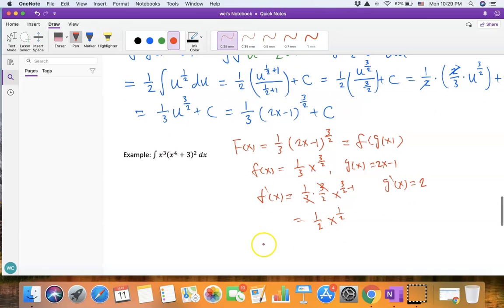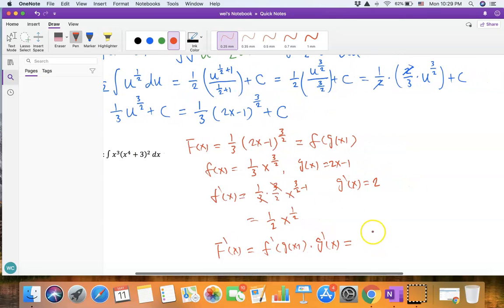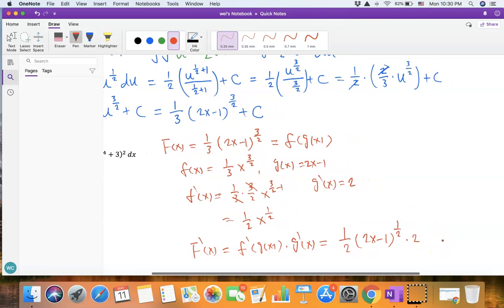So the derivative of this function capital F is 1 over 2 times g(x) to the power of 1 over 2, which is 2x minus 1 to the power of 1 over 2, multiplied by the derivative of the inner function.